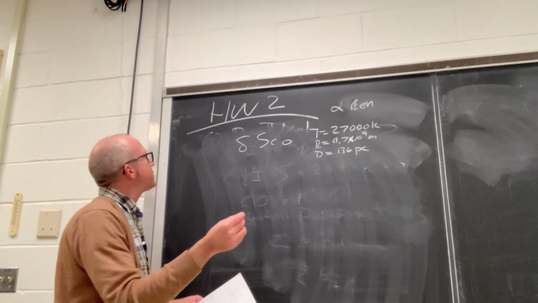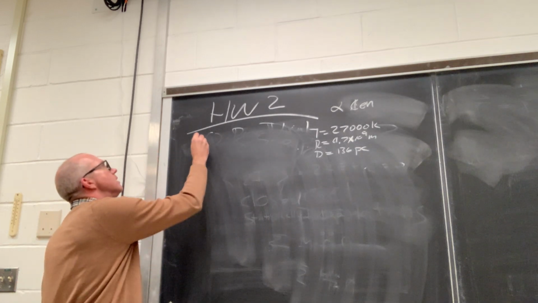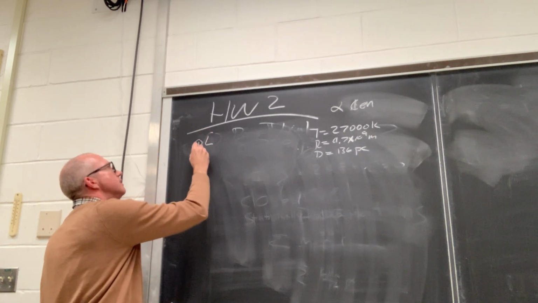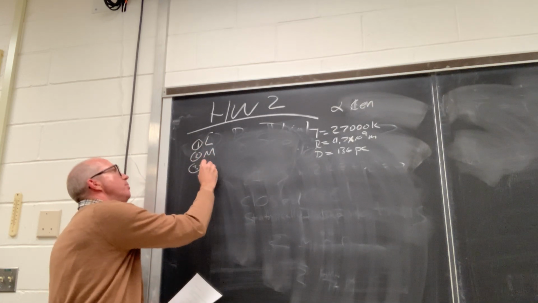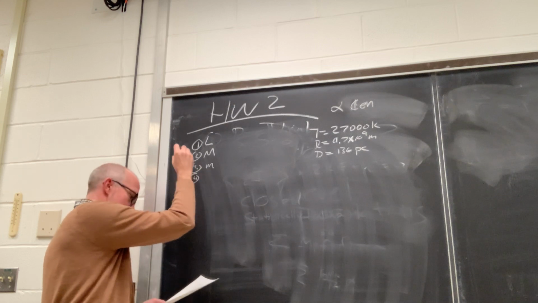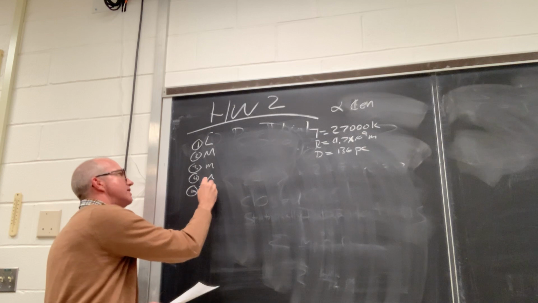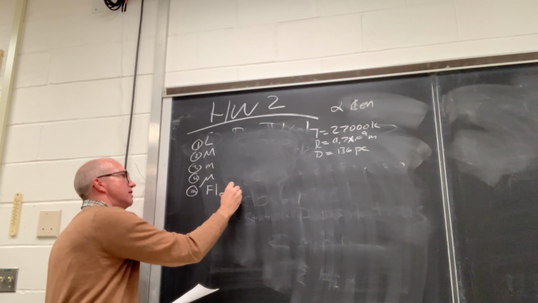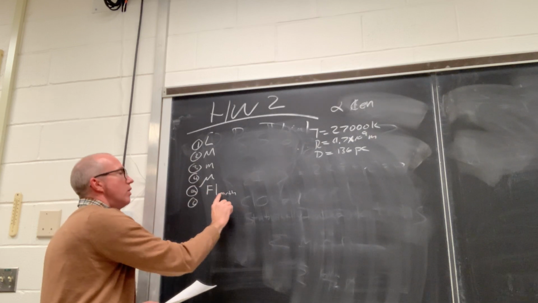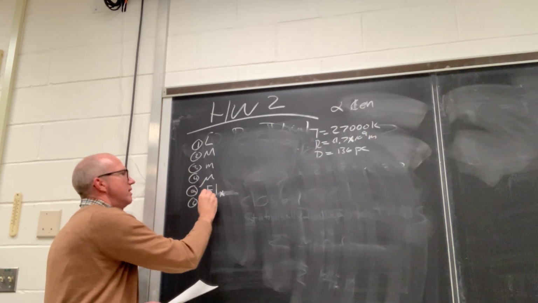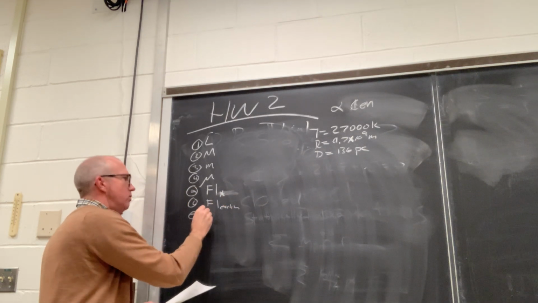Okay, so then I asked for several things: the luminosity, the absolute brightness, the apparent brightness, the distance modulus, the flux of the star, the flux at Earth, and the peak wavelength.